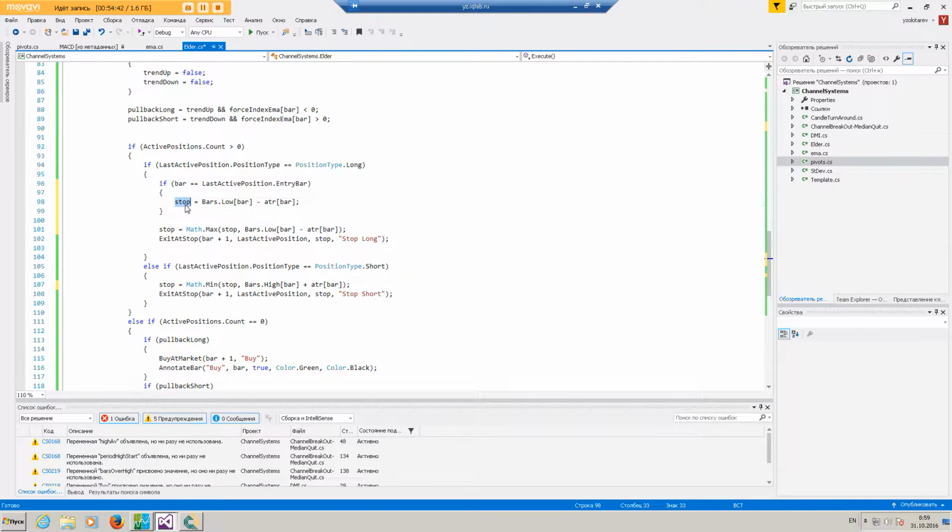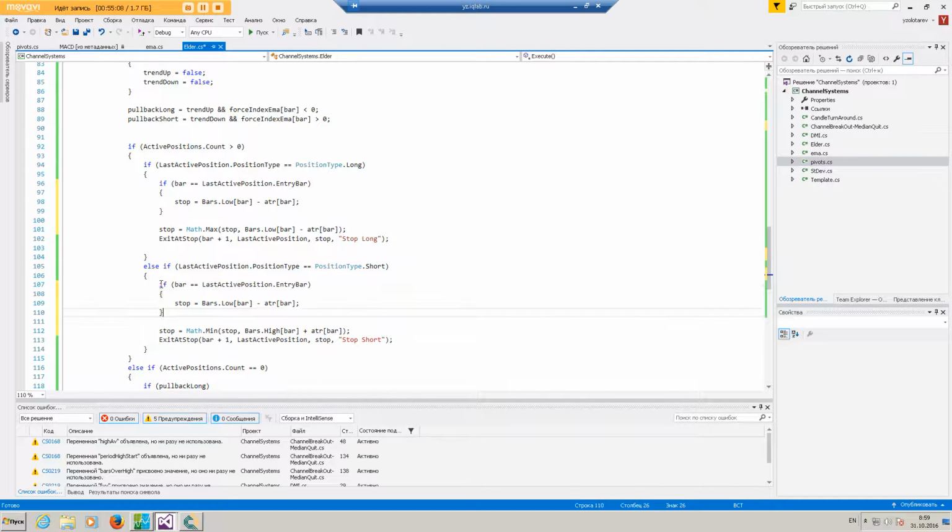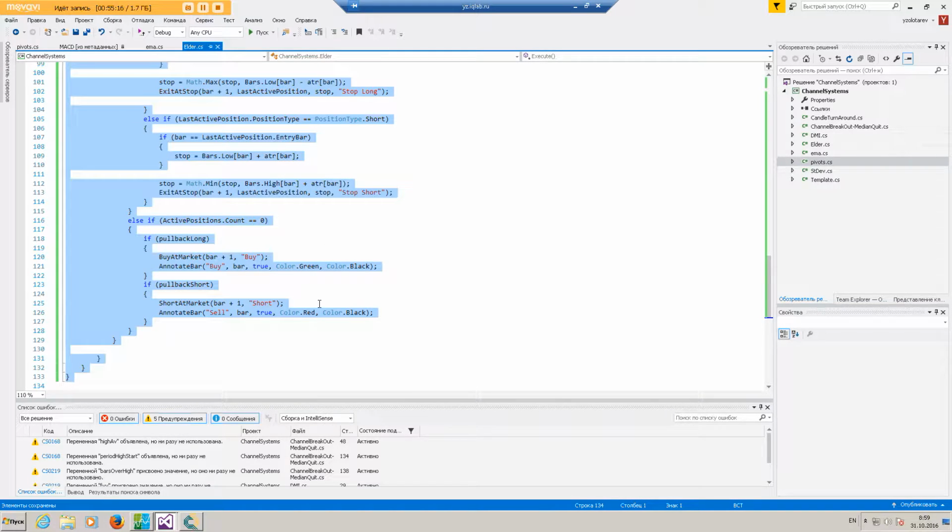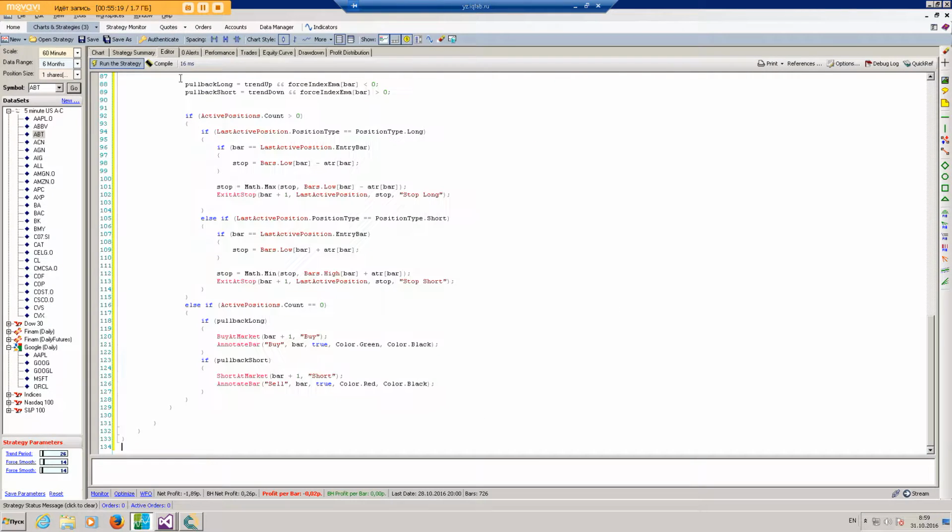We need it because if we had a short position before, then we have to create the stop again on the first bar of the long position, and this thing would have just compared it to the stop of the short position. So that's bad. So this thing, we actually needed it, and that's where a lot of time is spent on this kind of stuff. Should work now, much better.